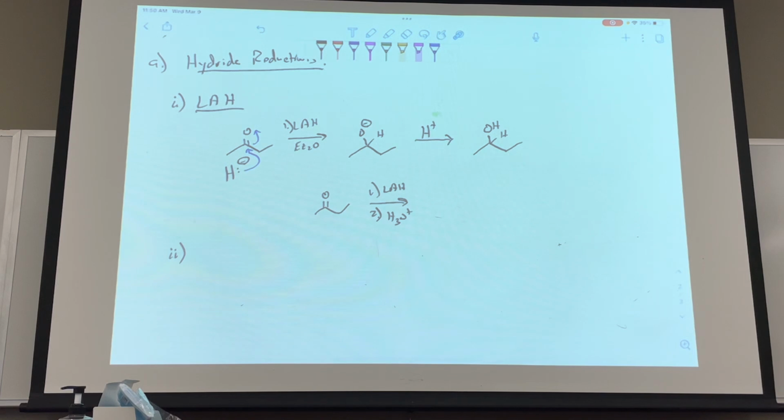So here's the H3O plus or H+, same thing, I just drew it over here, as opposed to all on one arrow, because they are separate steps. You cannot combine LAH in the presence of H3O plus. It would blow up in your face. So, yeah, they have to be done in separate steps.